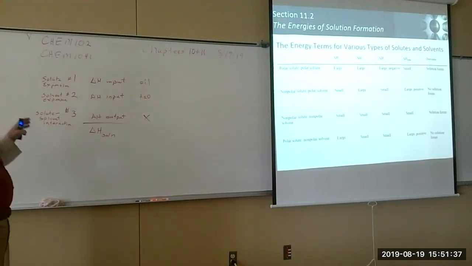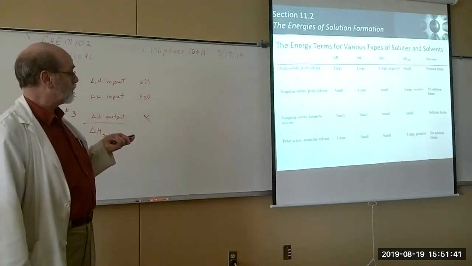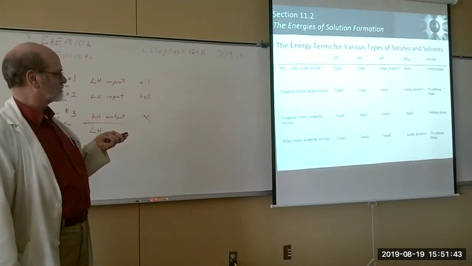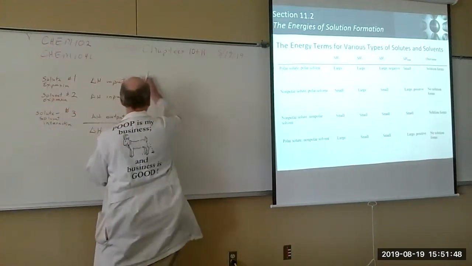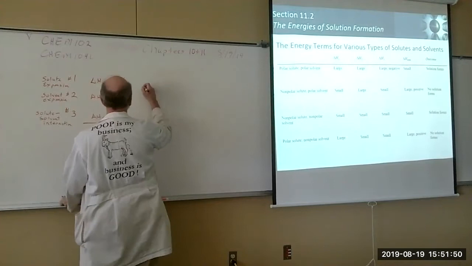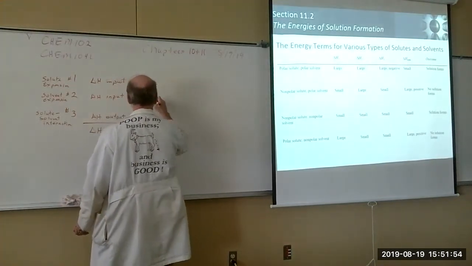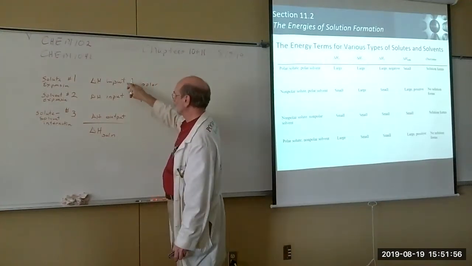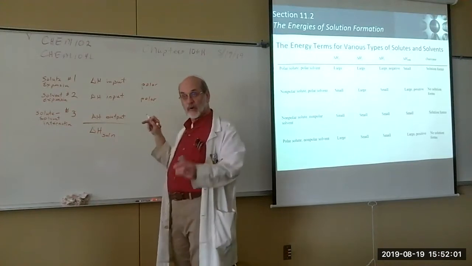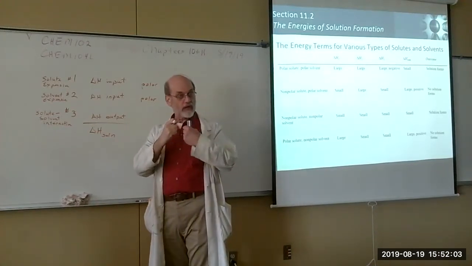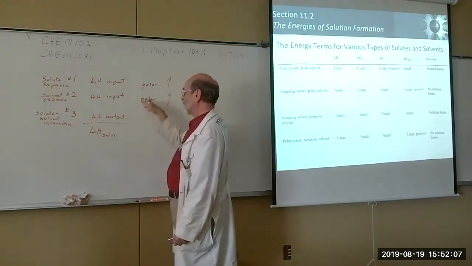So that was an example. Let's look at it in general terms. Suppose you have a polar solute and a polar solvent. Okay, how much energy? Let's remove these. Let's say this is polar, this is polar. How much energy does it require to expand this one and that one? If they're polar, then they're very strong interactions. So there's a lot of energy required for both of them.